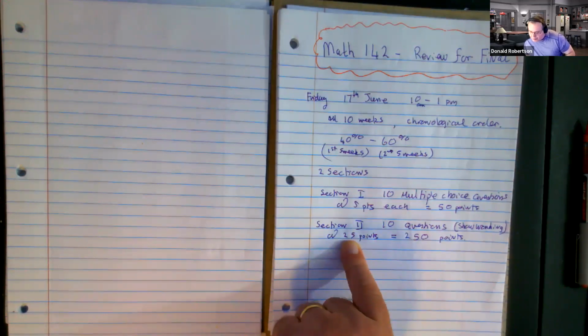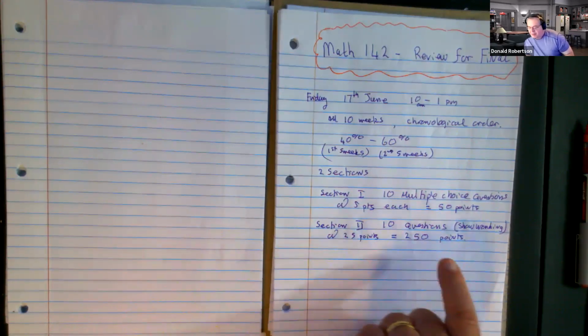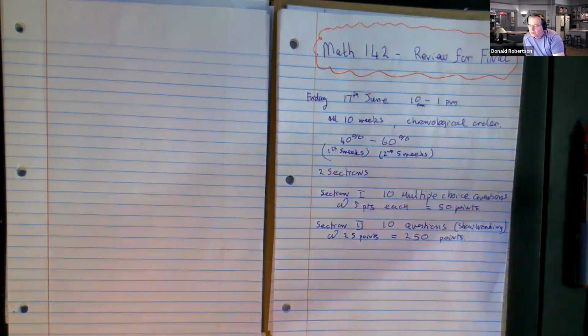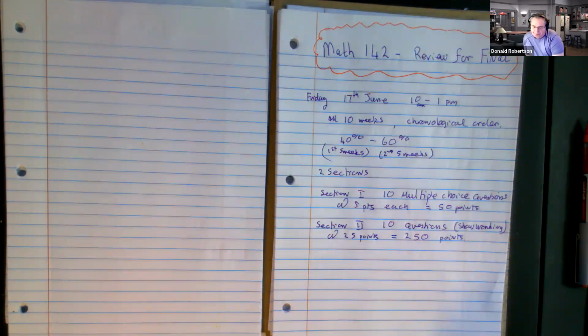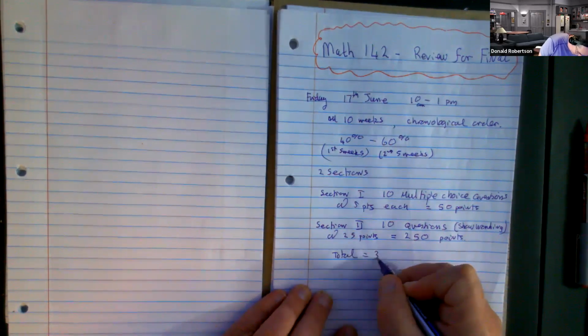Most of them will be 25, but you might get a 20-point question, you might get a 30, right? So there'll be multiples of 5, but most of them will be 25, maybe 1 or 2 20s, 1 or 2 30s. You get more points if it's a bigger, harder question than if it's a short one. That's the only reason that's there. So that adds up to a total of 300 points.